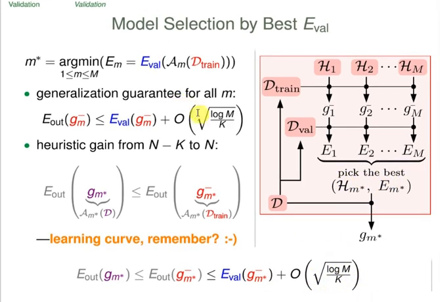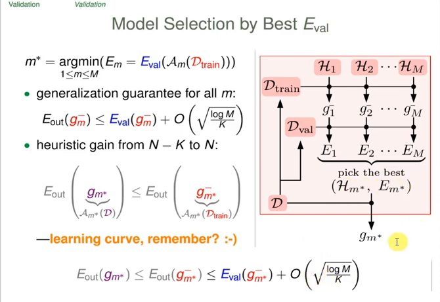Take a look at the role of K here. We established that the reliability of the estimate of the validation set is of the order of square root of log M over K. The smaller the K, the size of the validation set, the worse this estimate is.